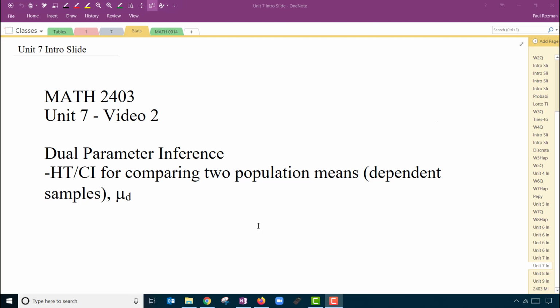So you're basically studying the same group of people twice. So there's a relationship between the two samples, and that's where you come up with the dependent sample case. We'll see a few examples of this, so let's get right to it.